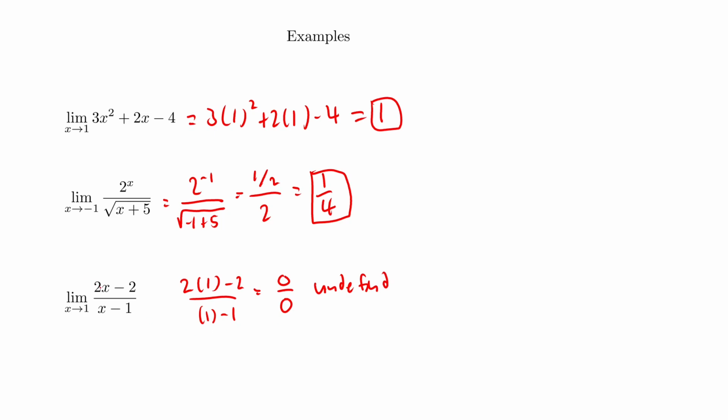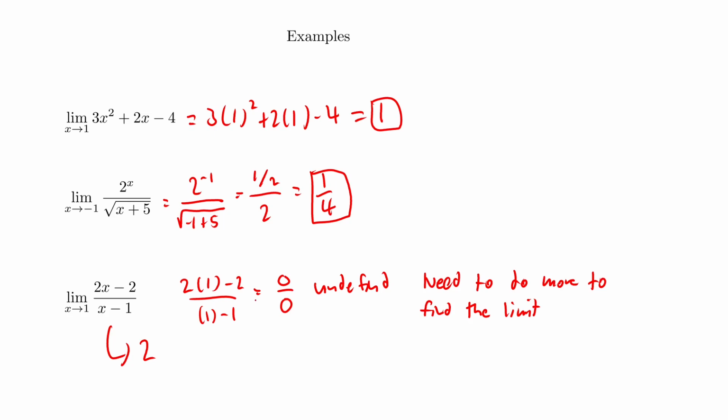Not necessarily. Okay, so we actually need to do more to find the limit. And I think we'll probably come back to this. If I'm not mistaken, I think the value of the limit is actually going to be equal to 2.